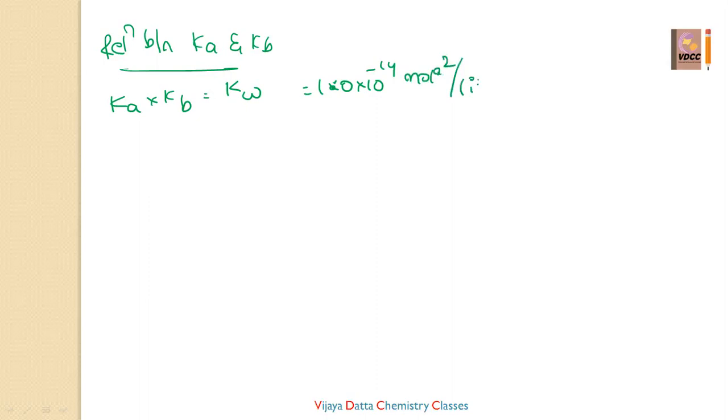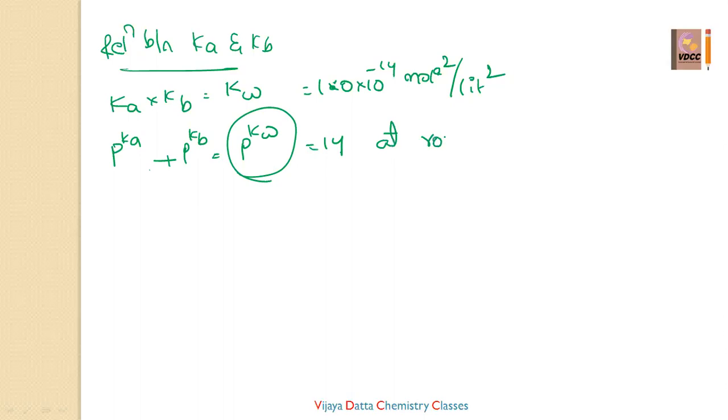Similarly, pKa plus pKb is equal to pKw, which is 14. We already know the pKw value is 14 at room temperature, that is at 25 degrees Celsius, or 298 Kelvin. This is the relation between the acid dissociation constant and the base dissociation constant.